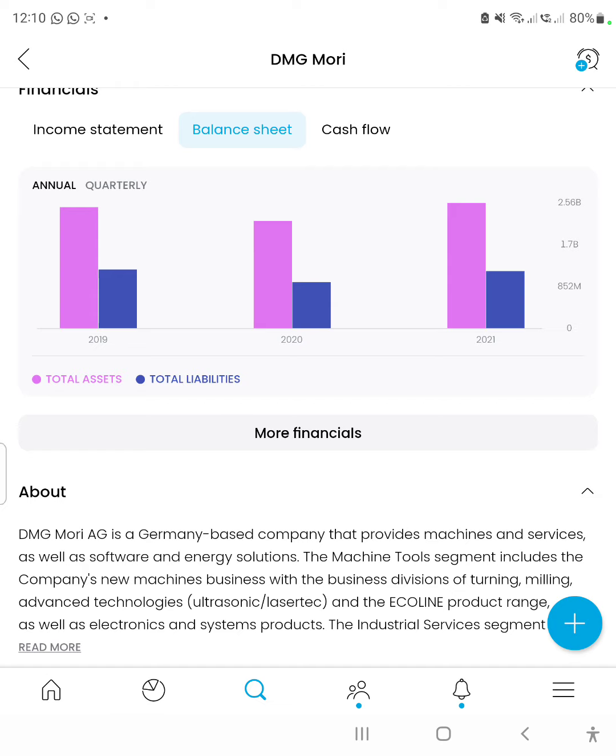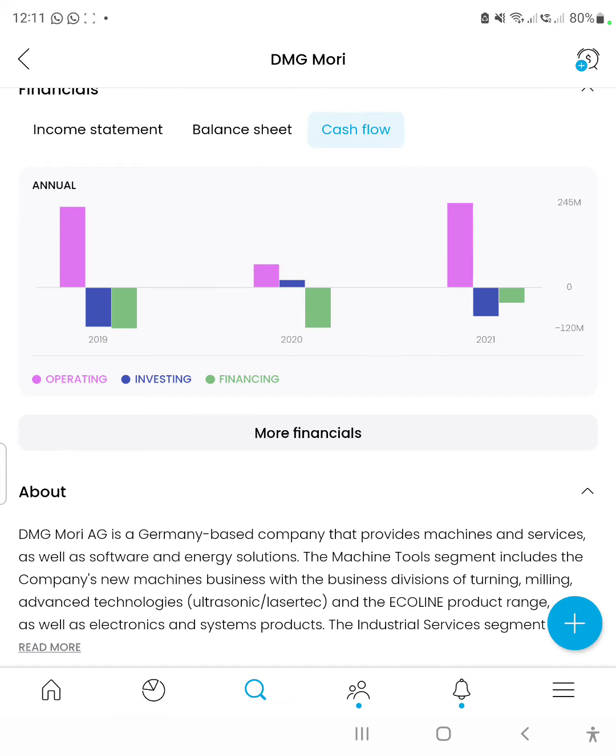I believe it looks around 40%, which is really good. In the 2021 financial year, it managed to increase its total liabilities and its total assets, but they managed to stay around 40%. So it's definitely maintained a healthy level of debt compared to its assets.